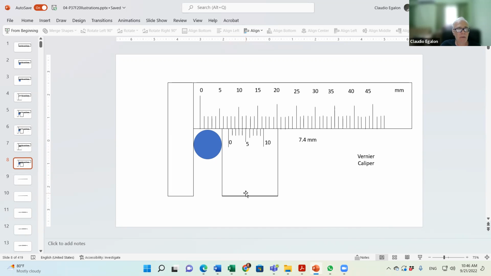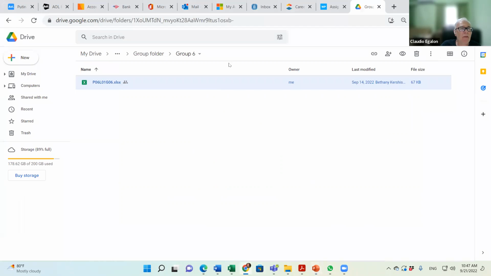Then you look at which one of those lines lines up with a division on the upper scale. In this specific case, the one that's precisely lined up is the fourth one. So your measurement is going to be reported as 7.4 millimeters. Make sense? Let me show you some pictures of vernier calipers out there on the internet.